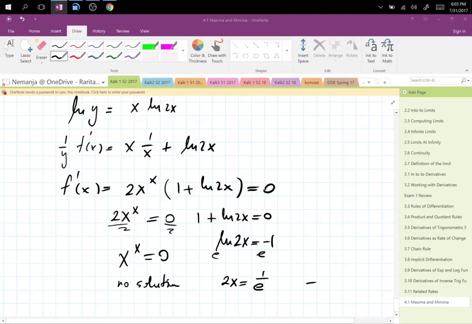Divide by 2. x equals what? Very good. There we go.